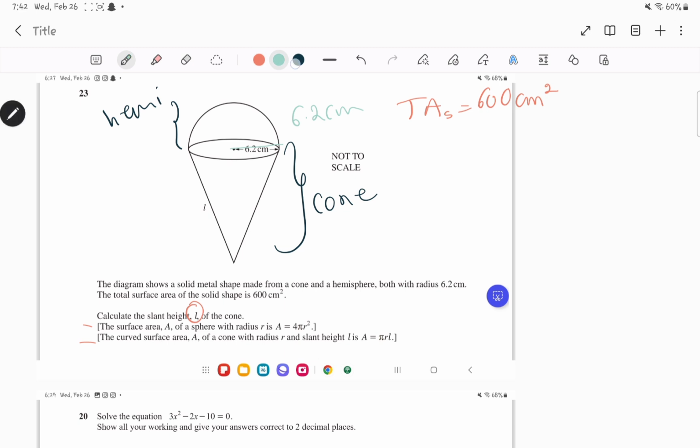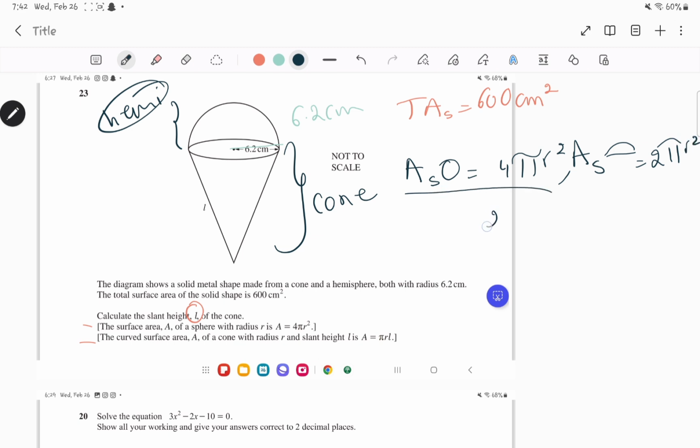Now, very simply, we have a hemisphere, which means half of a sphere. So if the surface area of a sphere is 4 pi r squared, then, using logic, the surface area of a hemisphere is going to be 2 pi r squared.